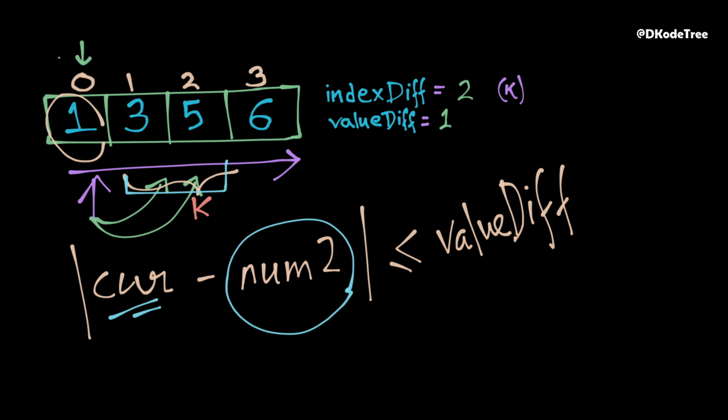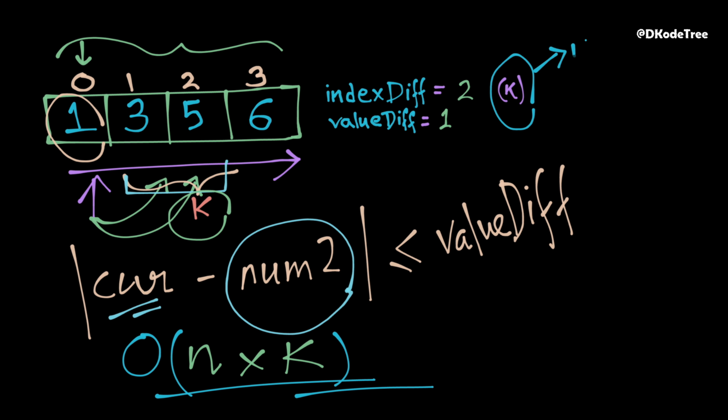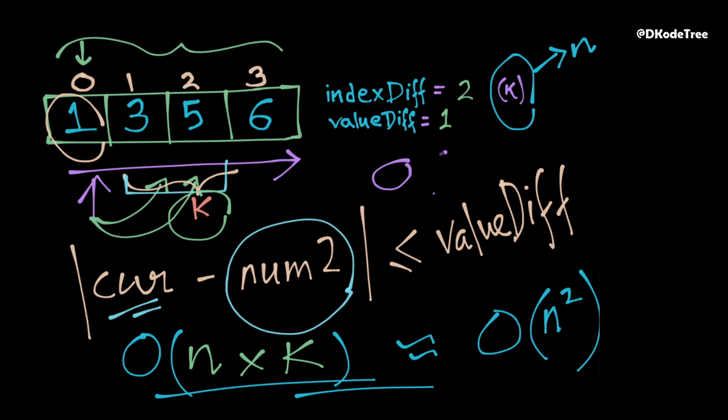So for every one of the n elements, we are doing k comparisons, which makes the overall time complexity O(n * k). And since k can go up to n, the worst case becomes quadratic in nature, which is too slow for large inputs. The only good thing here is the space complexity is just O(1), as we are not using any extra data structures.